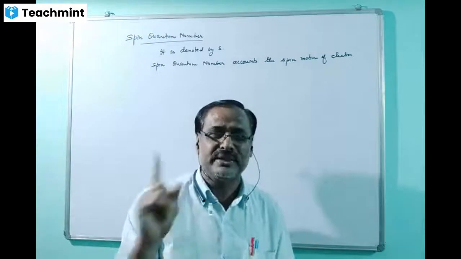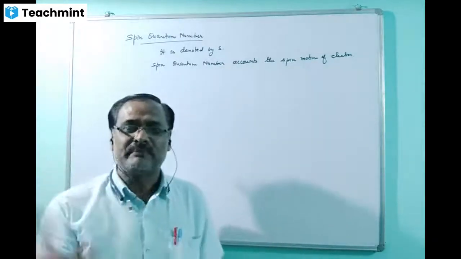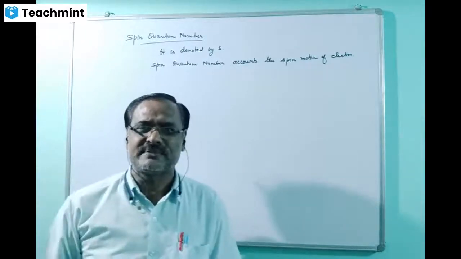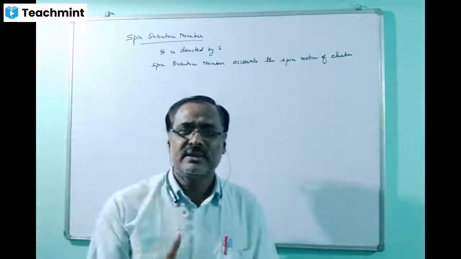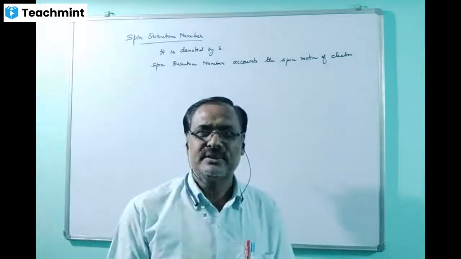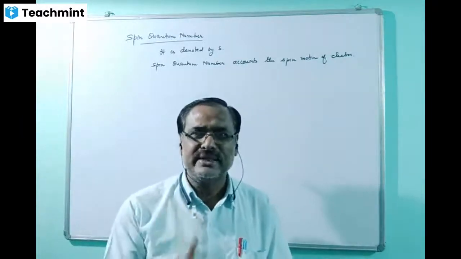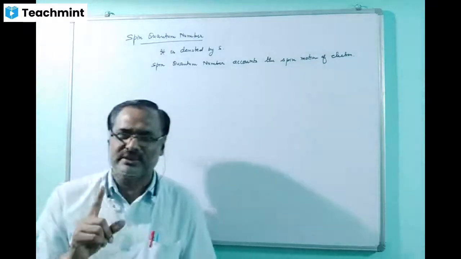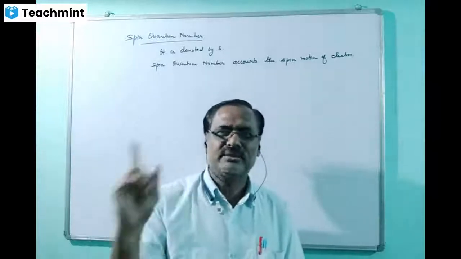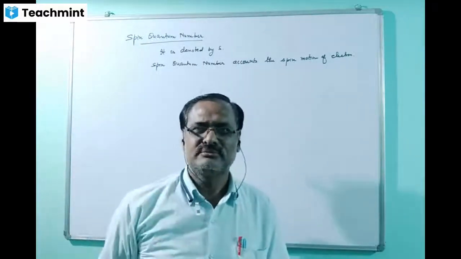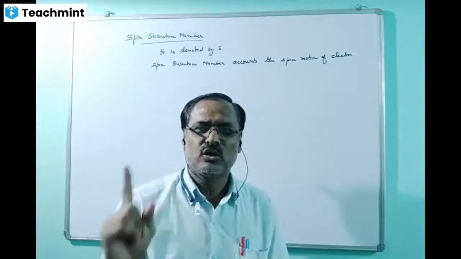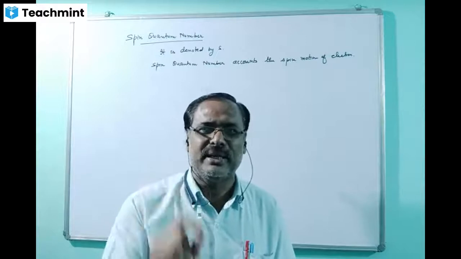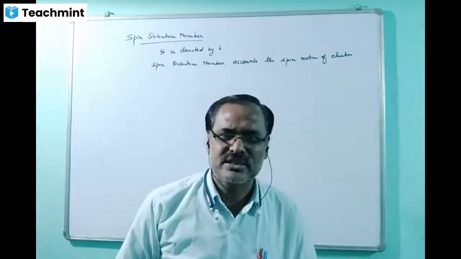As the earth revolves around the sun, you get the weather changes, and as the earth rotates on its axis, you get day and night. Same thing happens for the electron also. So the rotation of electron on its axis is given by spin motion, that is spin quantum number.